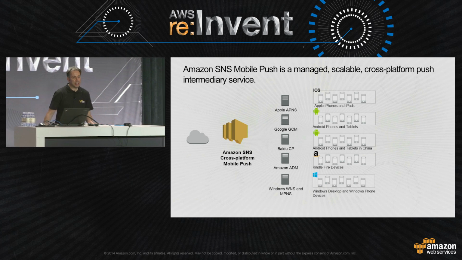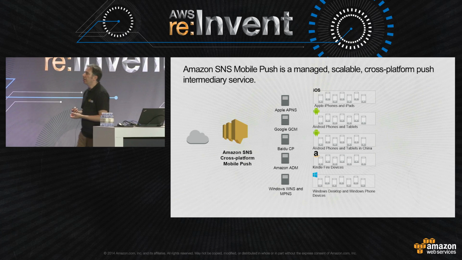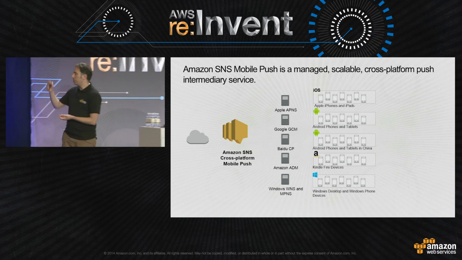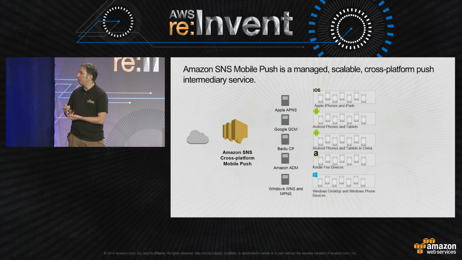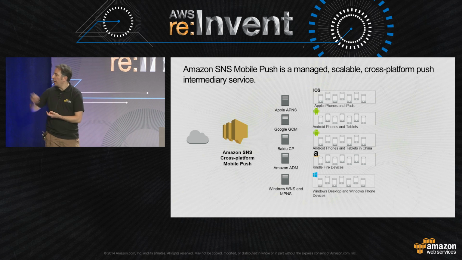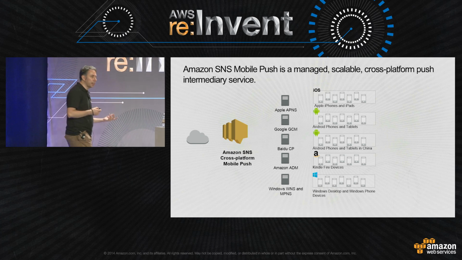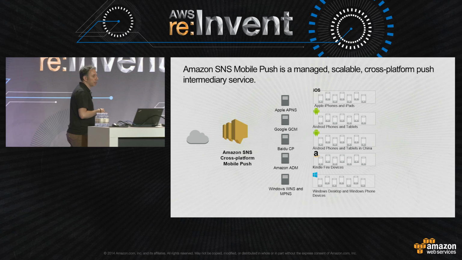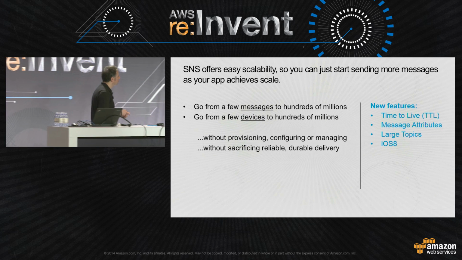So as I told you, SNS Mobile Push can interact with different platform providers, so Apple, Google for Android users, Baidu in China, Amazon for Fire OS devices, and Windows for Windows 8 mobile and desktop, and Windows 7 mobile.